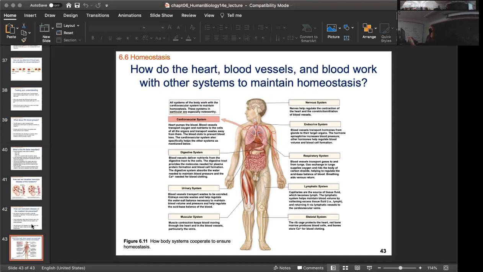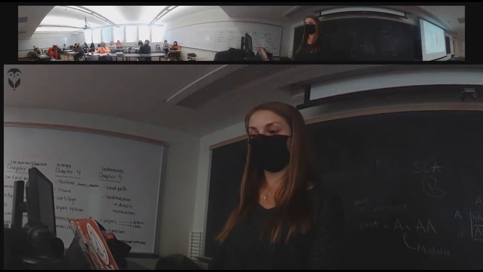And your skeletal system, your rib cage that protects the heart, and the red bone marrow, which produces red blood cells and stores calcium deposits for blood clotting. So this is how your blood is affected in all of these different systems to help maintain that relatively constant internal environment, or homeostasis, not just temperature, but also other things like that.